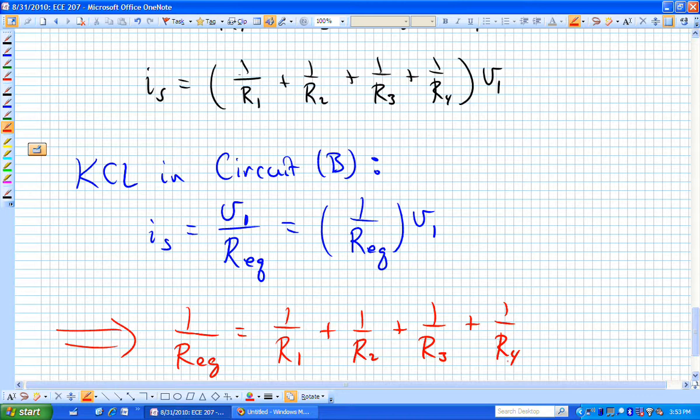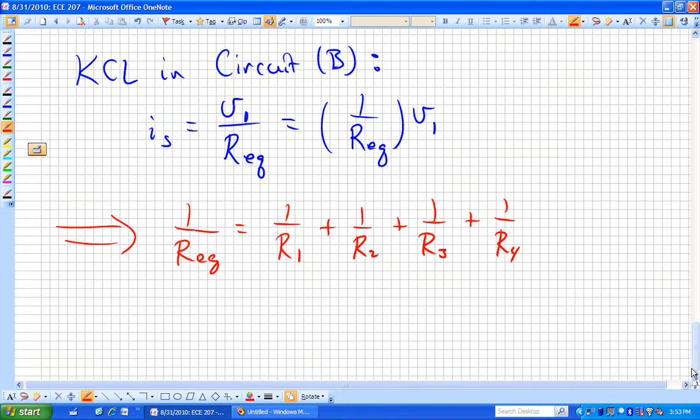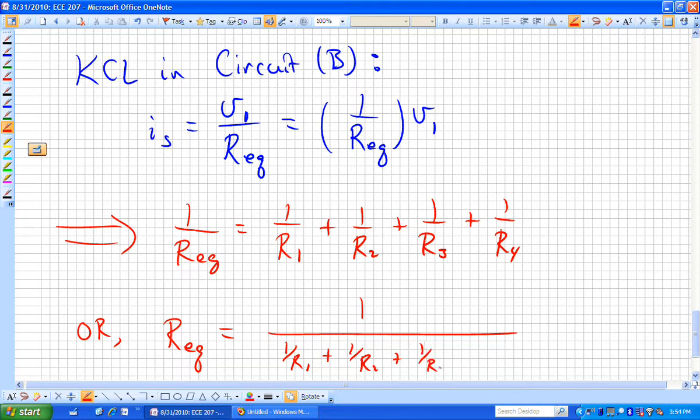And you may not see it written in that form, but you could solve this for R equivalent by simply taking the reciprocal of the right-hand side, or the inverse. And we now have R equivalent is 1 over 1 over R1 plus 1 over R2 plus 1 over R3 plus 1 over R4.